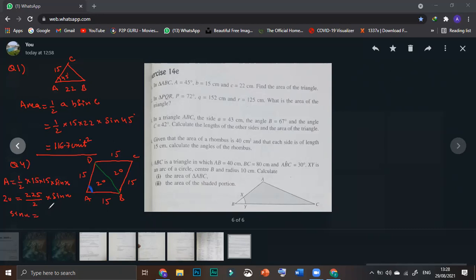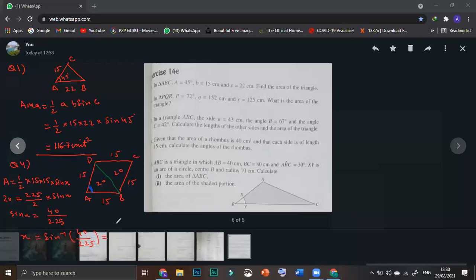Sine x is equal to 40 over 225. X is equal to sine inverse 40 over 225. We will find out the final answer with the help of calculator. The final answer is 10.2.